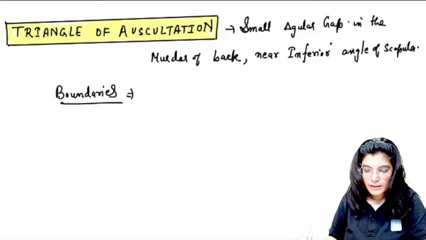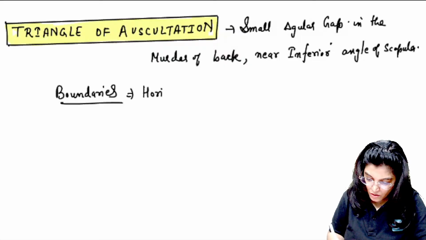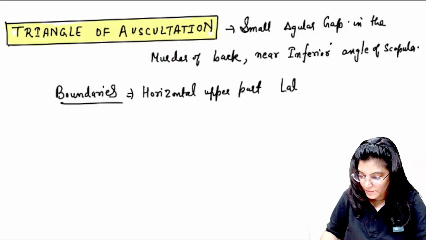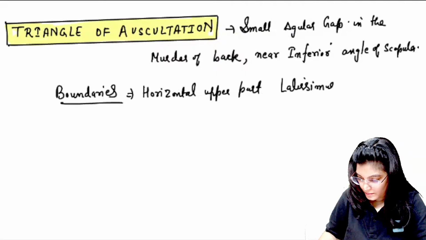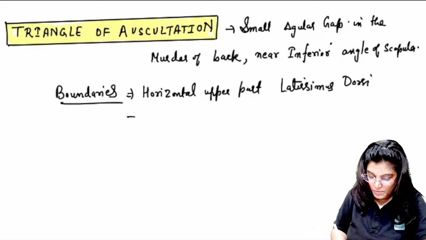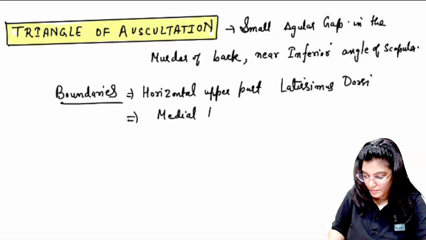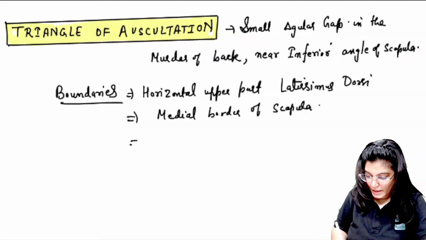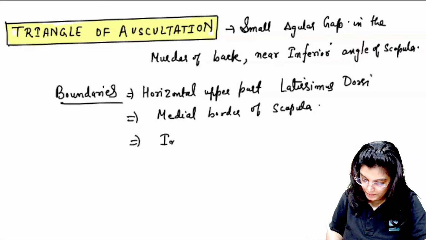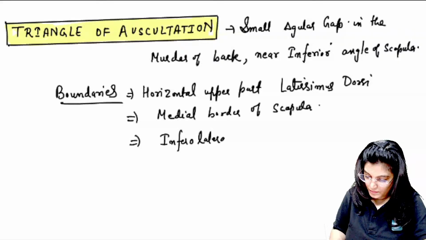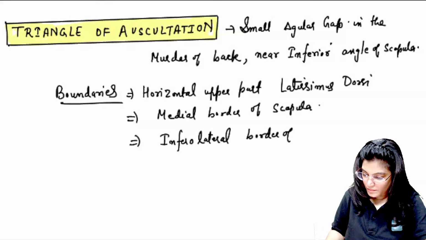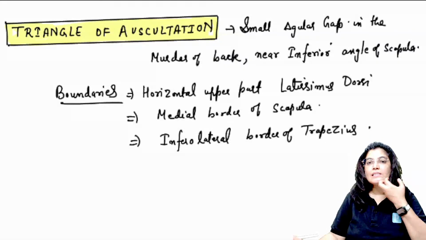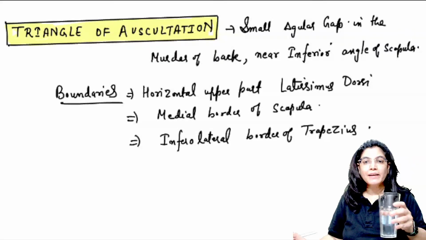It is bounded by the horizontal upper part of the latissimus dorsi muscle, by the medial border of the scapula, and by the infralateral border of the trapezius muscle. So basically these three structures form the boundary of the triangle of auscultation.